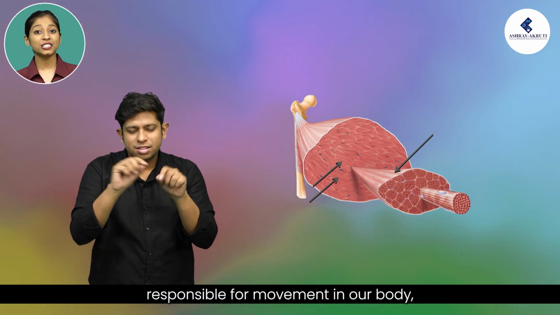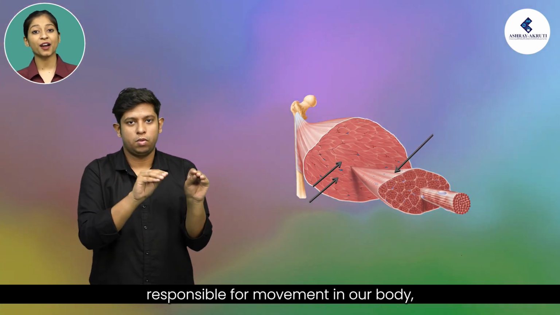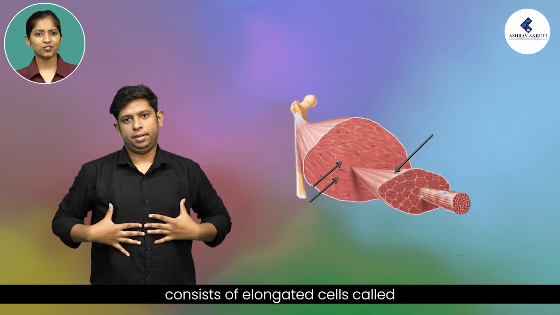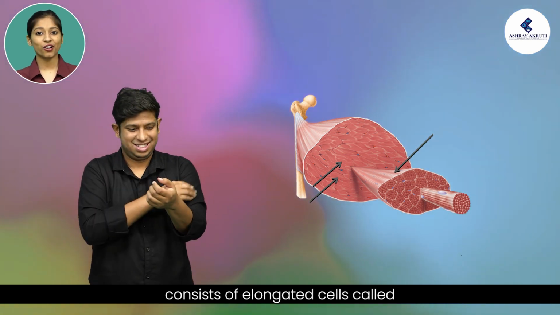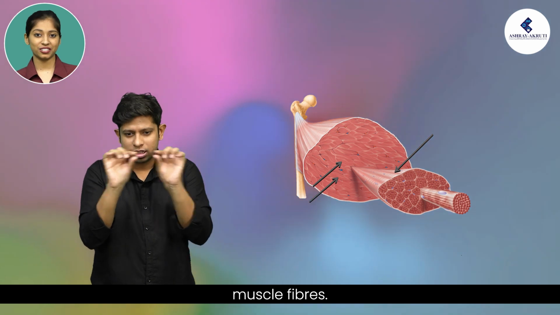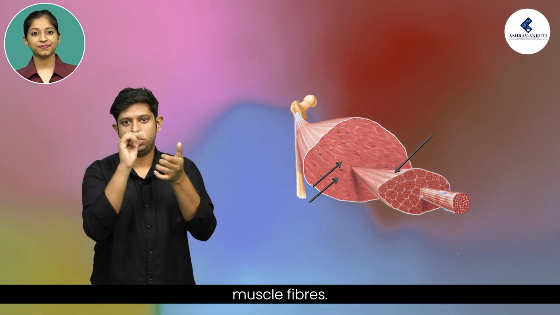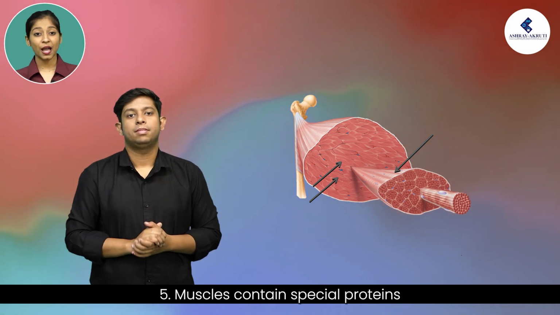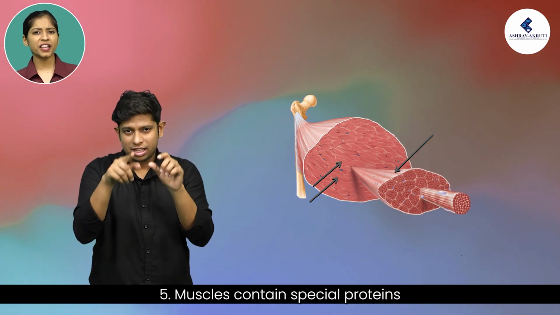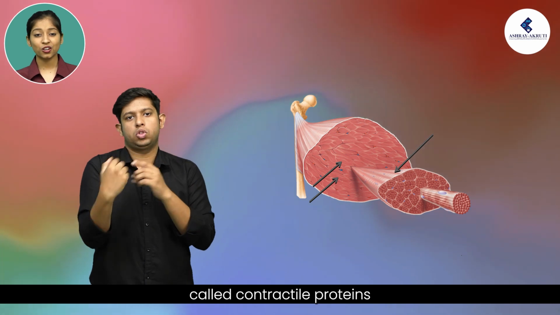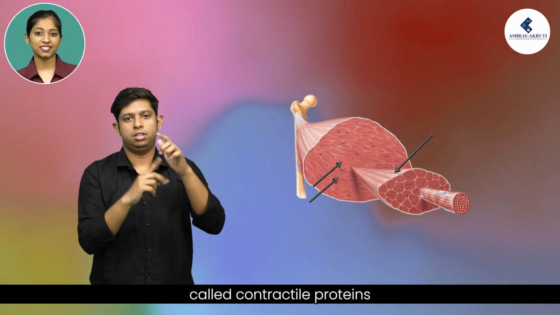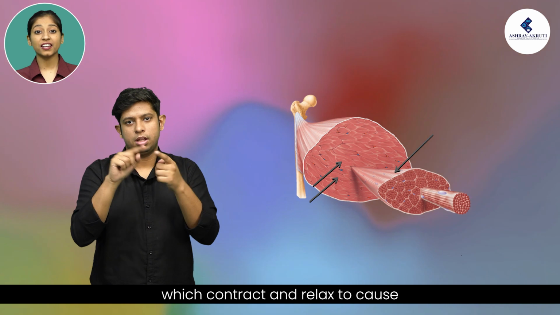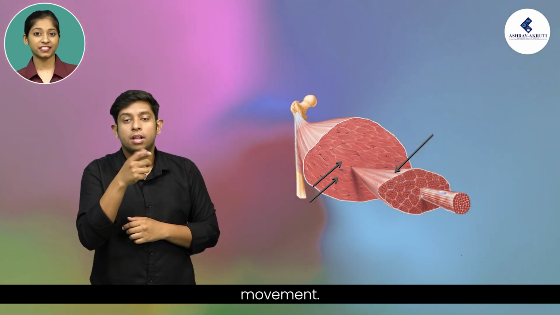Muscular tissue responsible for movement in our body consists of elongated cells called muscle fibers. Muscles contain special proteins called contractile proteins, which contract and relax to cause movement.